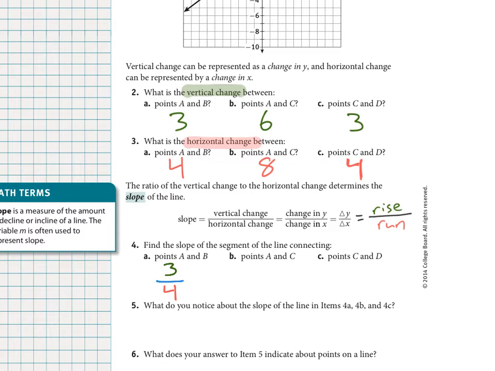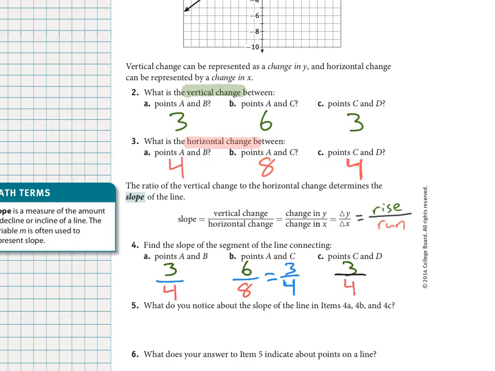We do the next one. We went up 6 and then to the right 8. That can reduce to what? 3/4. So remember, always reduce your ratios. And the last ratio is going to be what? Up 3 and to the right 4.